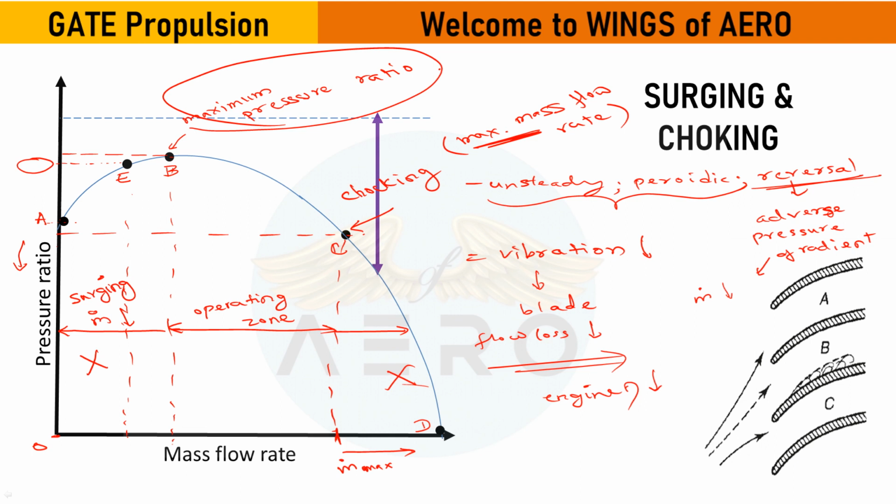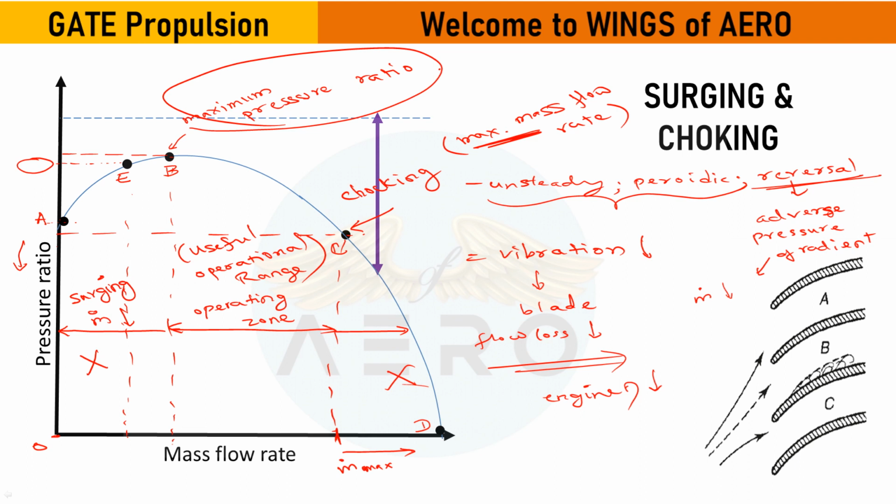Now what you have to remember, these important points. Point A to B is the zone of surging. B to C is the operating zone, or sometimes they also call it the useful operational range. They may ask you some MCQ questions about what the possible points are for the useful operating range.